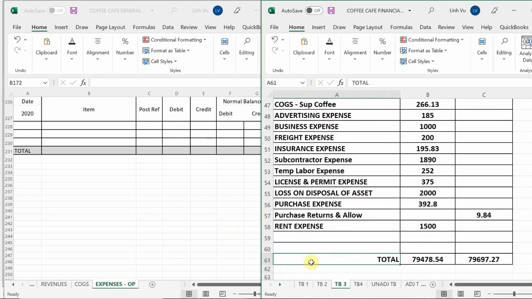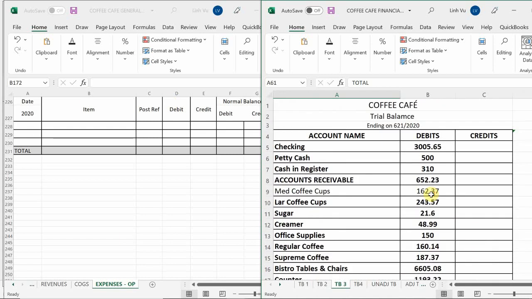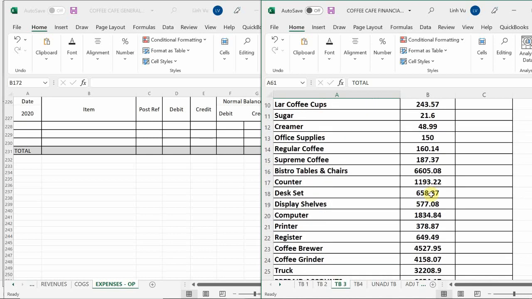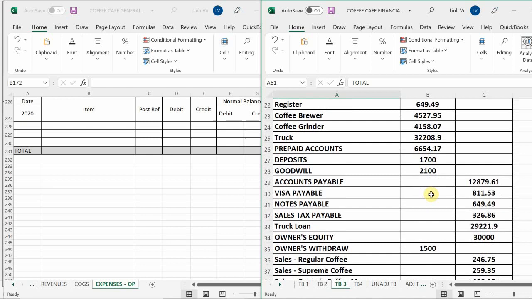Okay. Did I do a typo? So if you have a discrepancy like that, you do unfortunately have to go through every single account until you find where that $218 difference is.